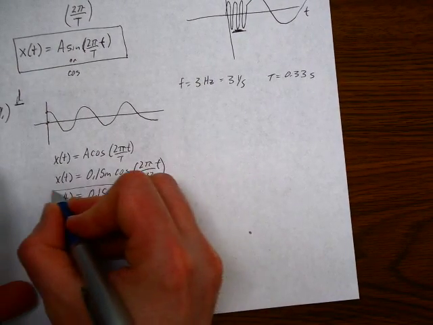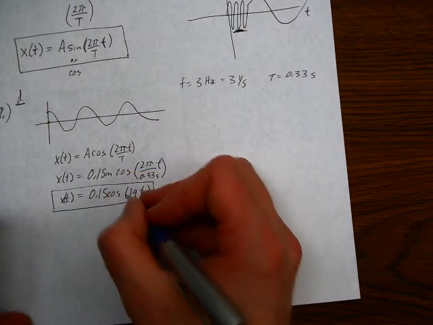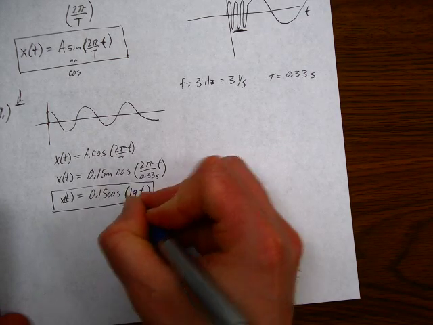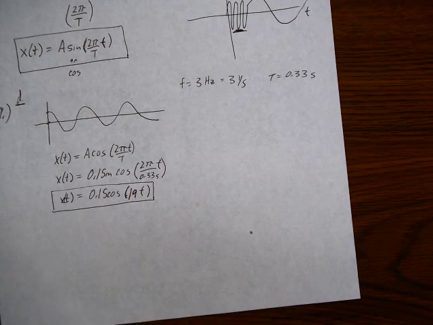And if you want to leave it as 6 pi, you can do that as well. It's still correct. Okay, that is number 9.